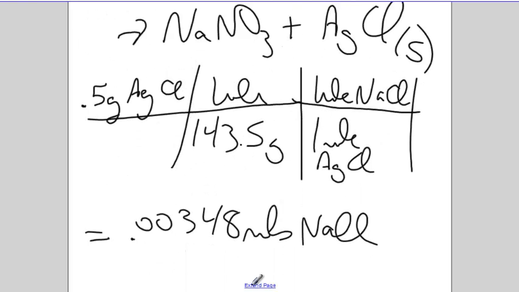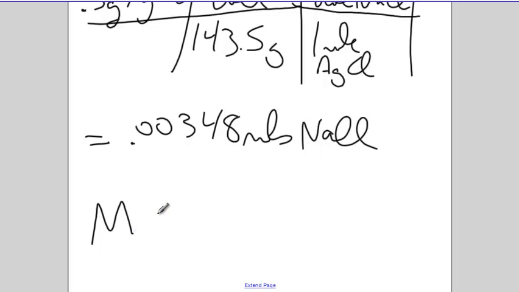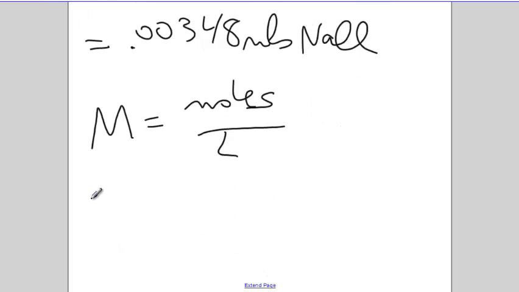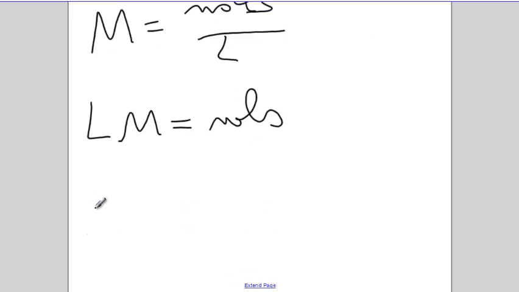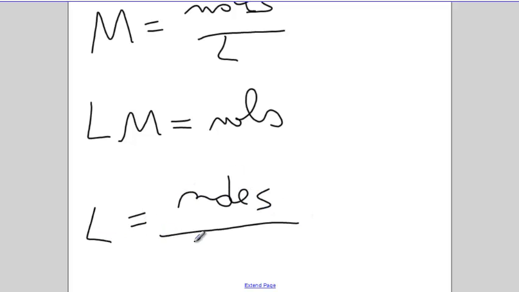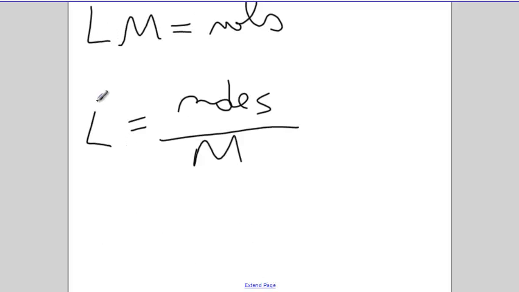The only NaCl I have access to has already been dissolved in this solution. Remember our definition. Molarity equals moles over liters. That means liters times molarity equals moles, and liters equals moles over molarity. So I want to know liters.